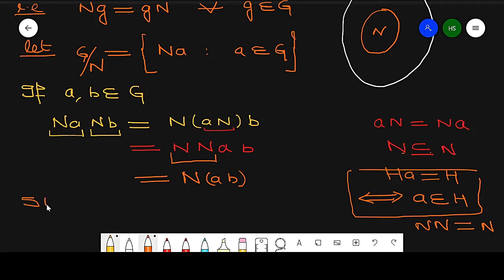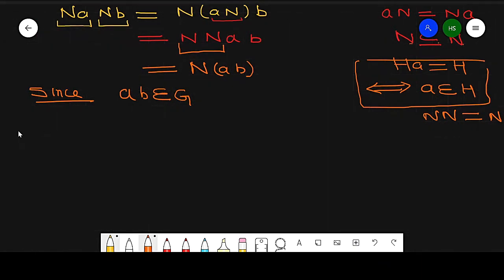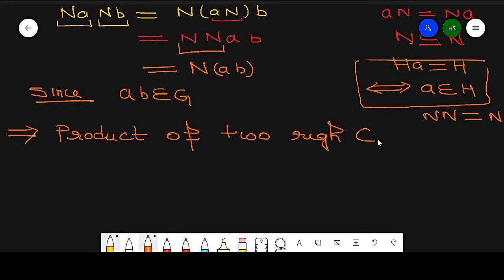Since a, b belong to G, ab is also a member of G. So what we get from this is that the product of two right cosets is again a right coset.